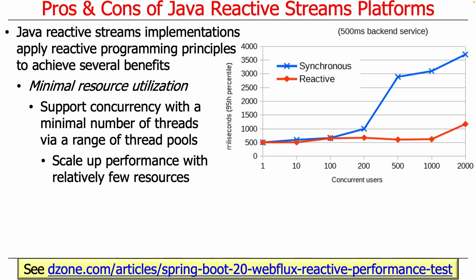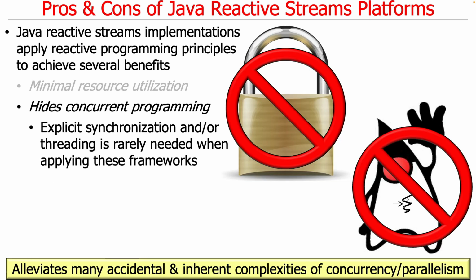And what you can see here is the number of users go up, the latency stays low for the asynchronous or reactive approach. Whereas for the synchronous approach, as the number of users go up, the computational effort increases, and therefore the systems can't really keep up with that. So that was a lot of the initial motivation for using reactive streams.